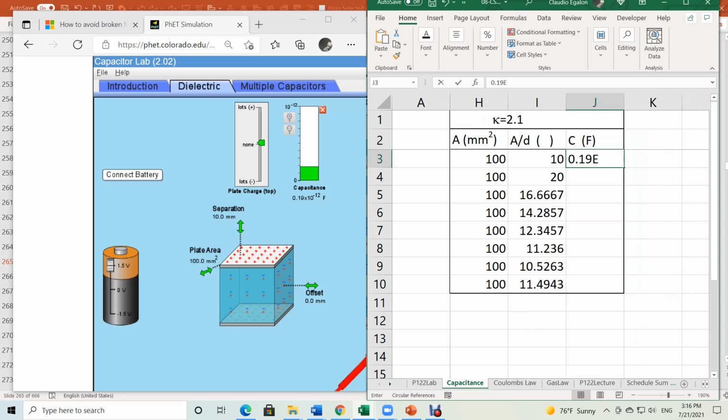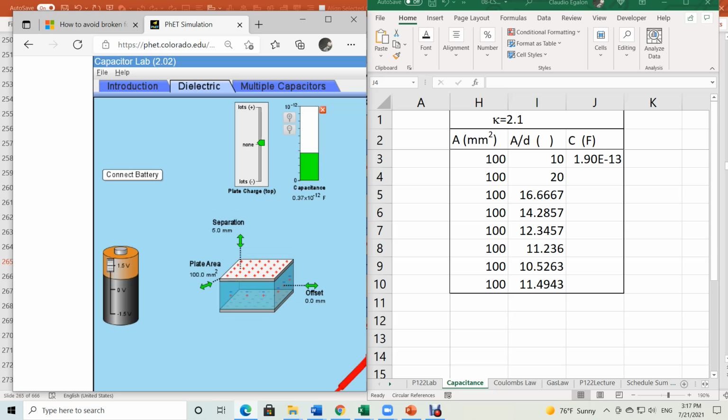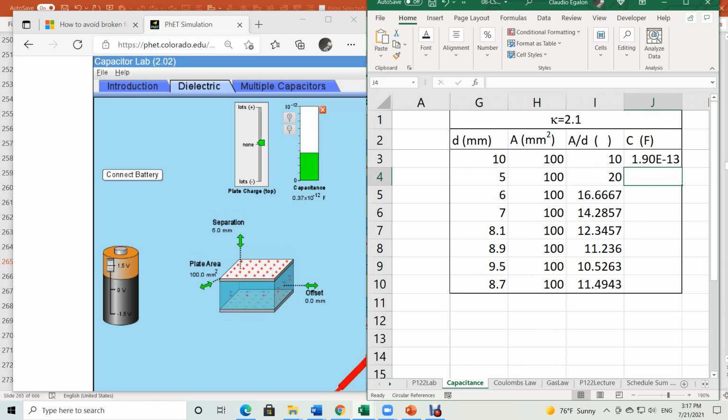.19 times 10 to minus 12. Okay, then we shrink it to 5, right? We did like that 5 before. Yep, 5. And capacity becomes 0.37 times 10 to minus 12.